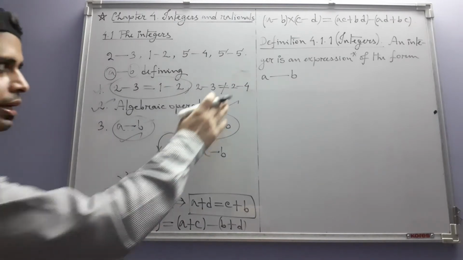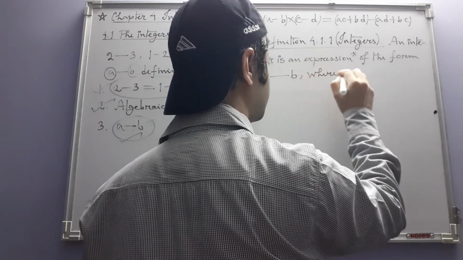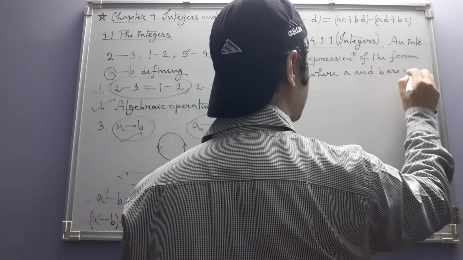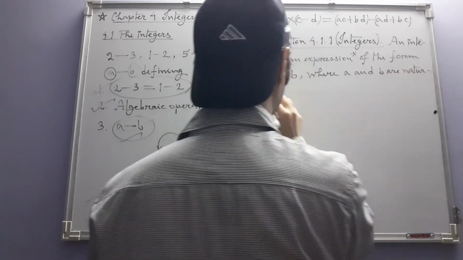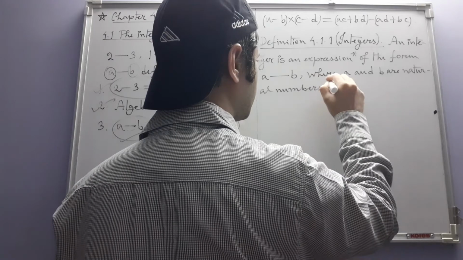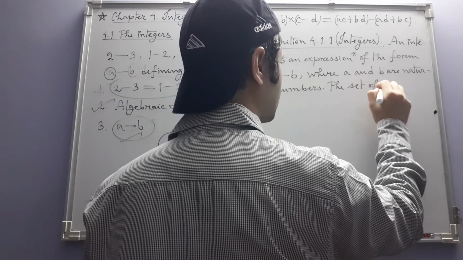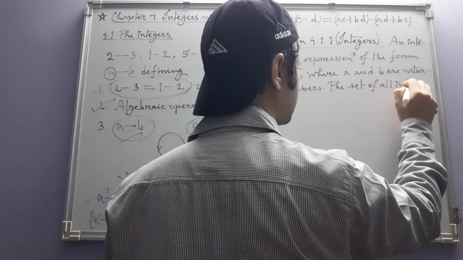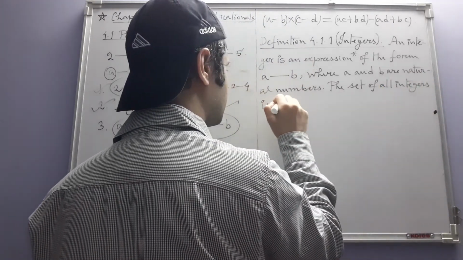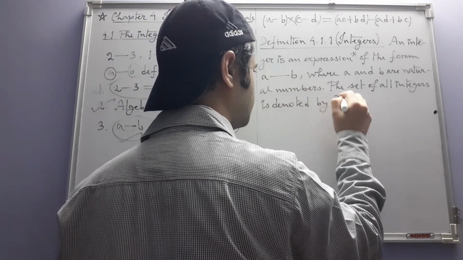Let us call it that way, a dash b, where a and b are natural numbers. The set of all integers is denoted by z.